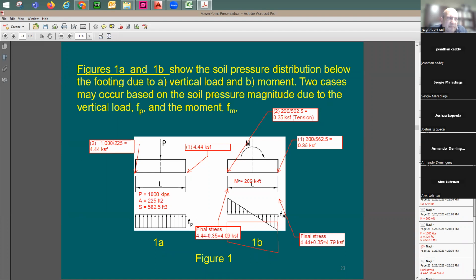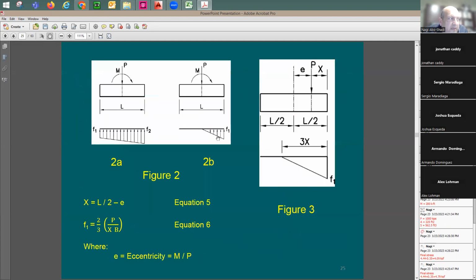When the footing lifts up, the actual stress distribution is going to look like this, because the soil cannot take any tension. So if this is lifting up, the distribution is going to look like this. Like in this case. So here's the first case: you have compression on both sides. Maybe one side is going to be greater than the other, which is okay.